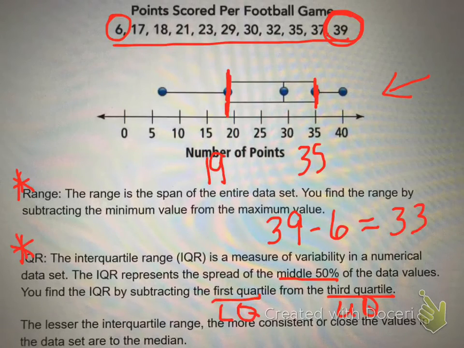And to find the interquartile range, we're going to take 35 and subtract 19. So that is going to be 16. So 16 would be our interquartile range. That's all there is to it. That's all you have to do to figure out what the interquartile range is.